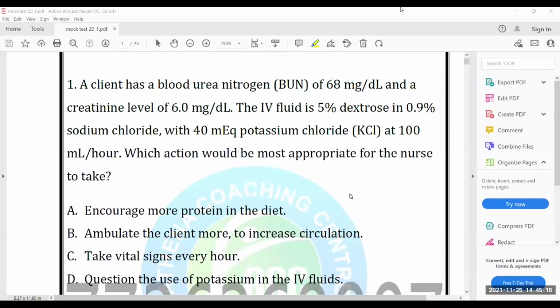What will the nurse do? What is the normal value of creatinine? Its maximum is 1.2 or 1.3. That is the maximum value, and here it is 6. BUN value is 6 to 24 mg per deciliter. Both creatinine as well as BUN are high. So what is the nurse's appropriate action?